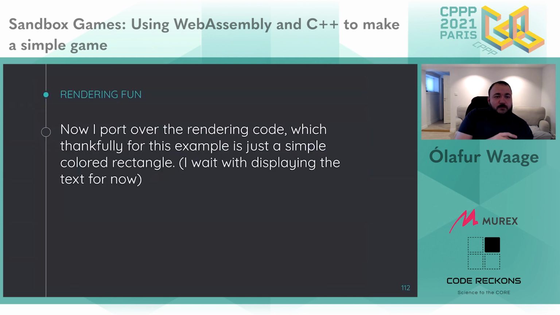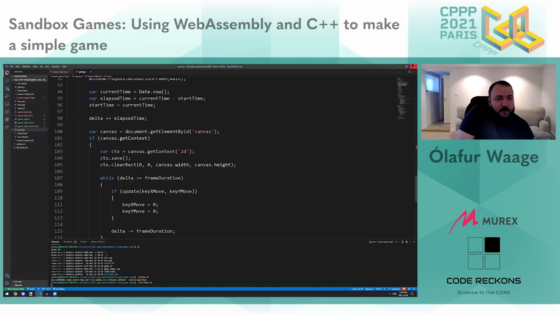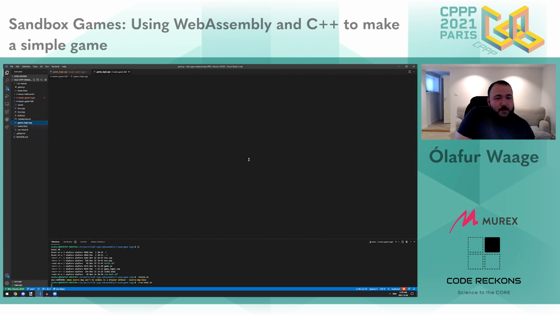Now I port over the rendering code, which, thankfully, is just a box. In the first step, I only port over the square. I don't do anything with the text. I'm just going to draw a red square on the side. So I port that code over. Let me go into the game logic.